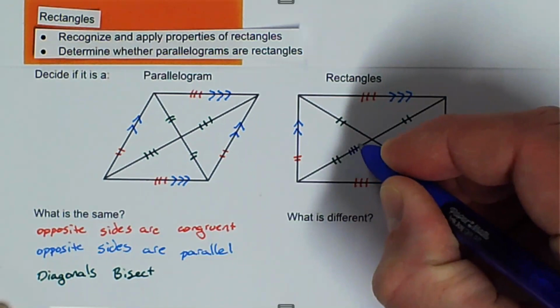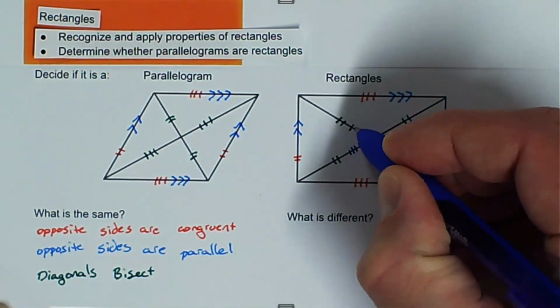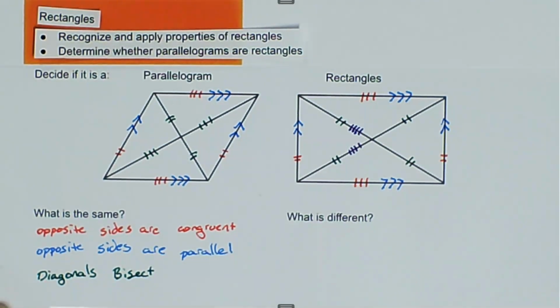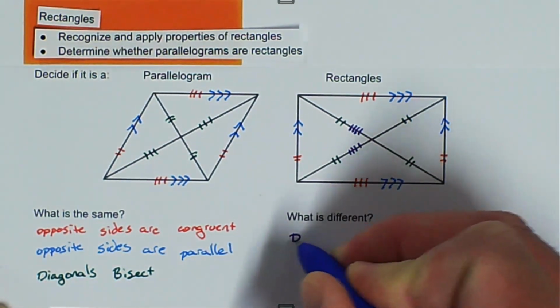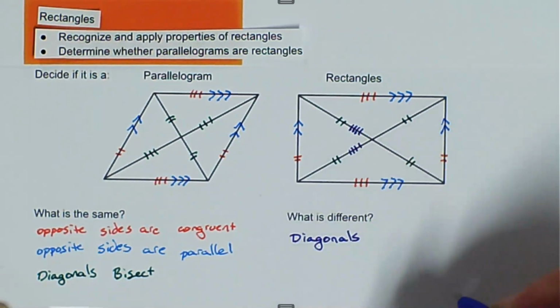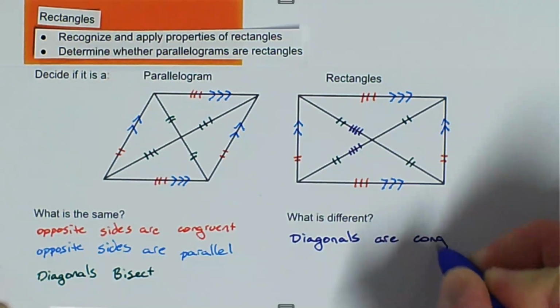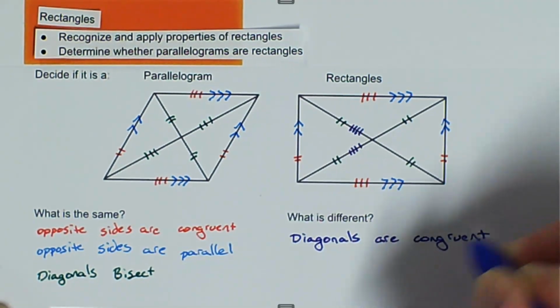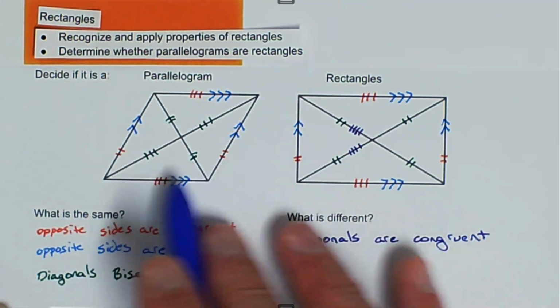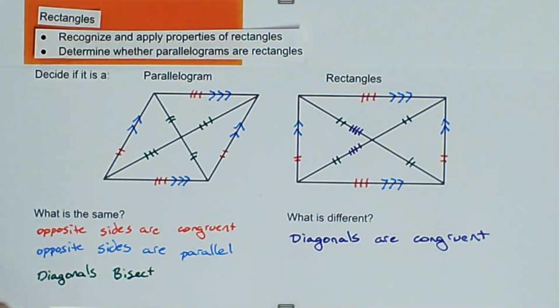So I know that this diagonal is congruent to this diagonal. So diagonals are congruent. So right here, this is true for both, and this is only true for rectangles.